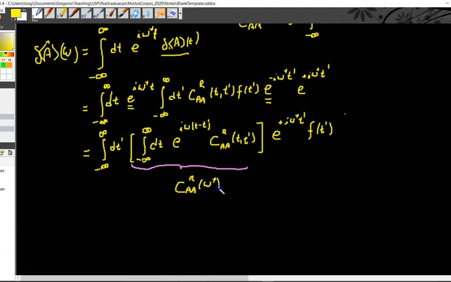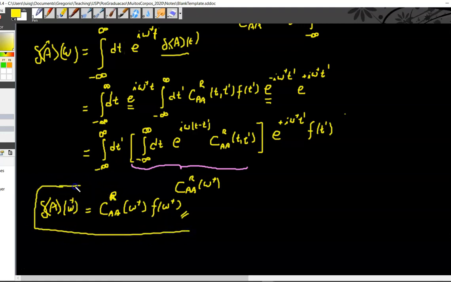And whatever is left is the Fourier transform of f, e to the omega plus, so this is going to be CAAR of omega plus times f of omega plus. All right, so that's my Fourier transform of delta A of omega, and that's retarded, that's omega plus.